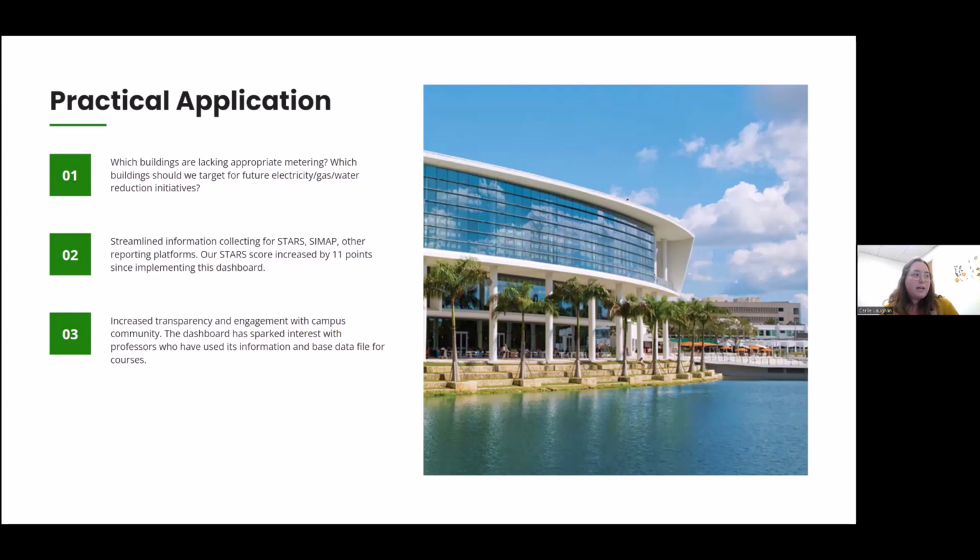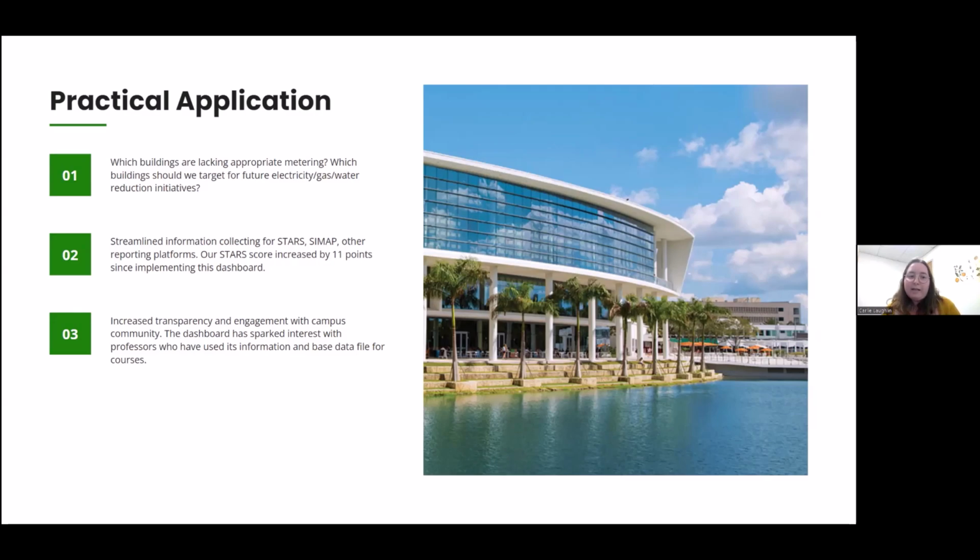So this dashboard has sparked a lot of interest with professors here at the U who have reached out to me to use this dashboard, its information, and the base Excel file that we have for their courses.